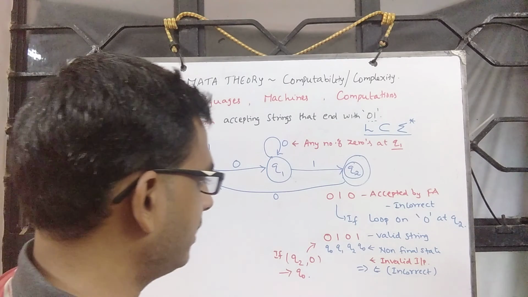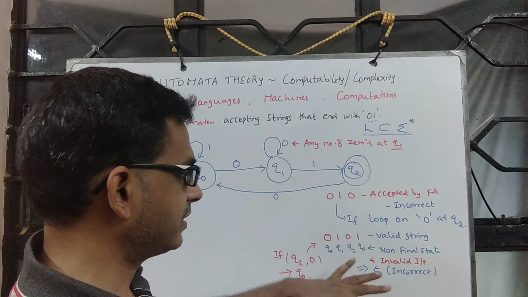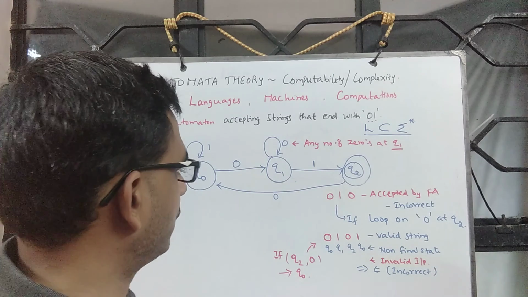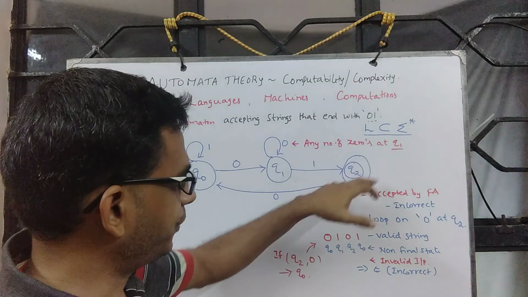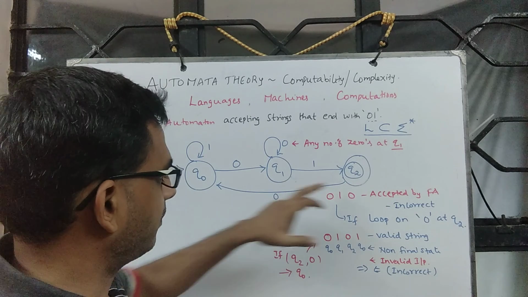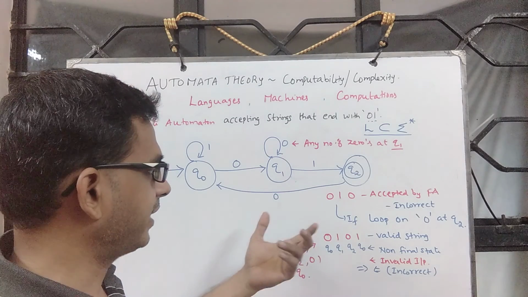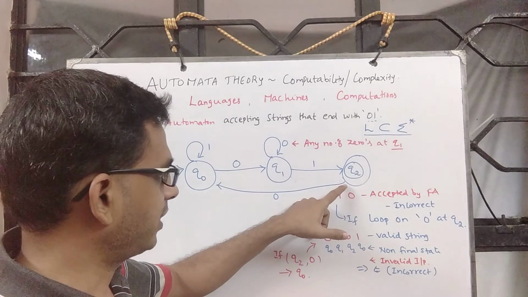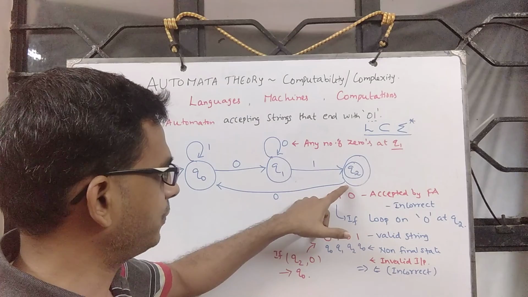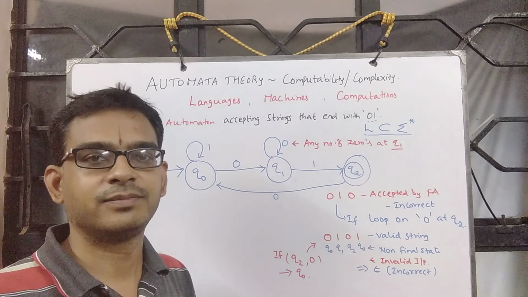It's a valid string, but mission says it is invalid input, which is incorrect. So I should not loop at Q2, I should not go to Q0. So these two are incorrect representation or incorrect model. So the correct model is you are at Q2, on reading a 0, you should go to Q1. Fine.